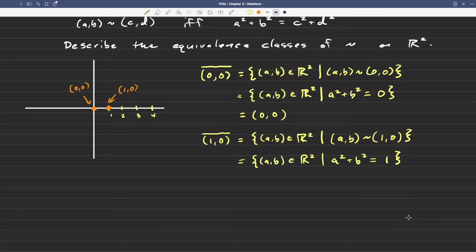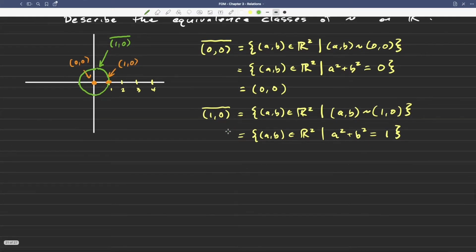This is a relation that we've actually talked about previously. The set of all AB that satisfy this equation is exactly a unit circle centered at the origin. So that equivalence class, if I draw it over here, this green circle here is 1, 0 bar. And I bet you can see where this is going to go.